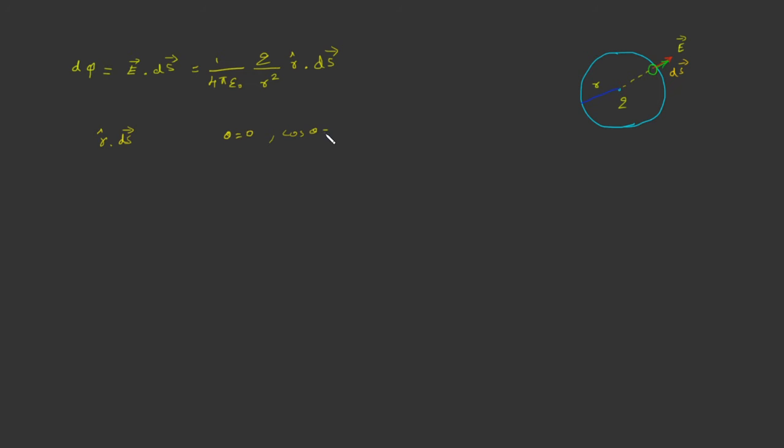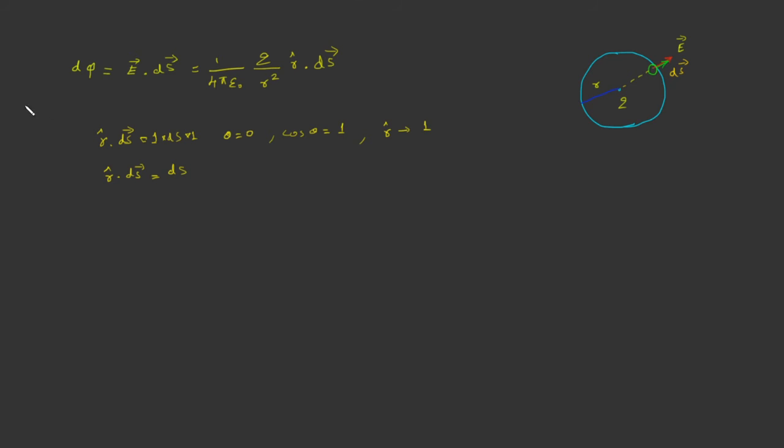Therefore, cos theta is equal to 1, and we know the magnitude of unit vector r cap is 1 because it is a unit vector. Therefore, r cap dot ds is equal to magnitude of r cap, it is 1, into magnitude of ds, which is ds, into cos theta. Here cos theta is 1. Therefore, r cap dot ds is equal to ds.